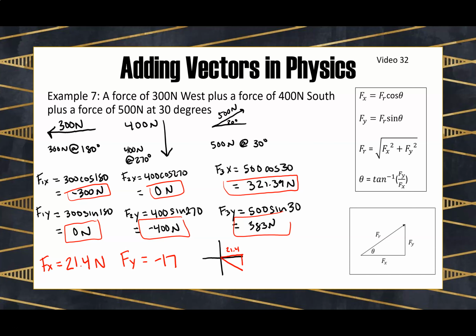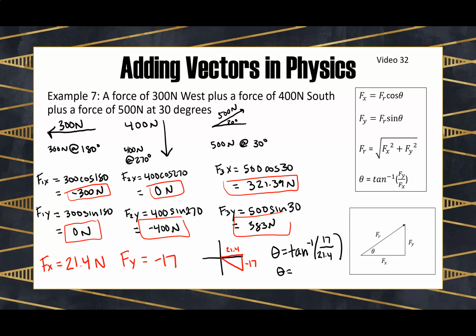And then our y component is negative 17. So when I do my tan inverse and I get theta equals tan inverse, I'm going to keep everything positive because it's not going to be super helpful to have a negative in there. In fact, it might even confuse me. So I'm going to keep it positive as 17 over 21.4.